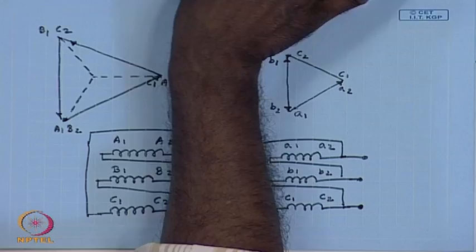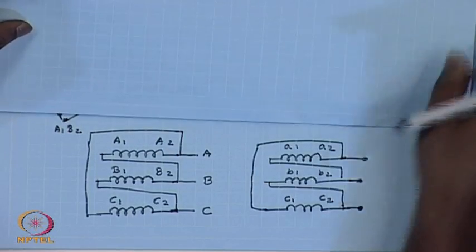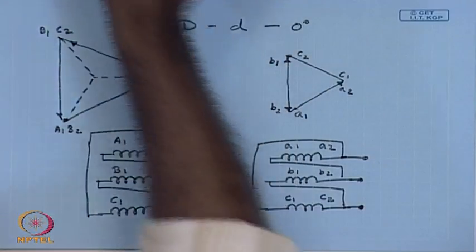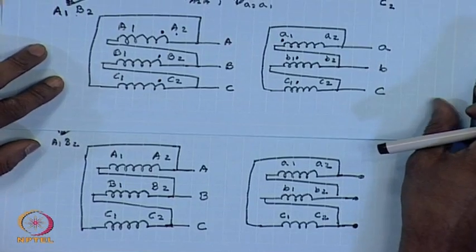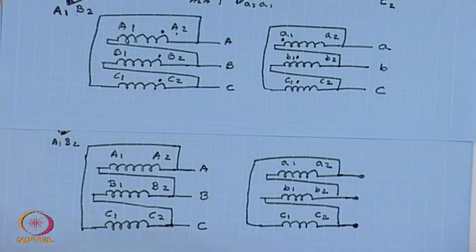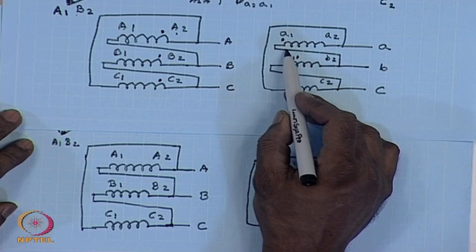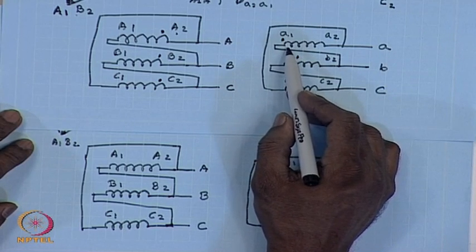Please compare this with the connection of DD6. Here also the connection was similar, but here the polarity of the terminals, instantaneous polarity, were reversed.